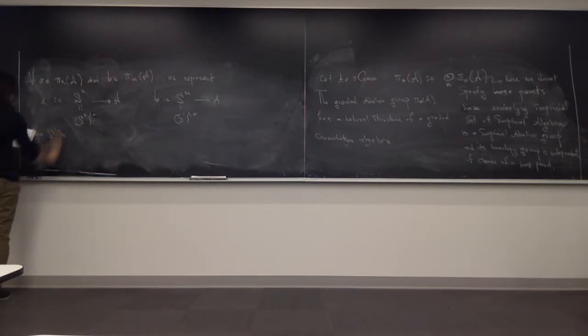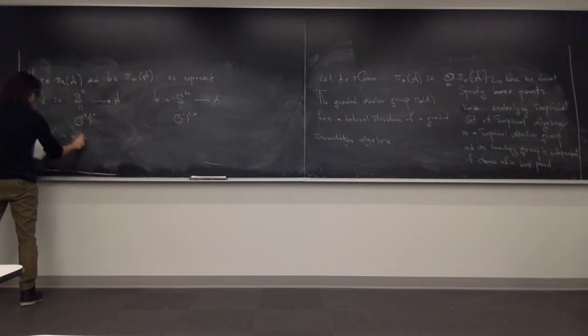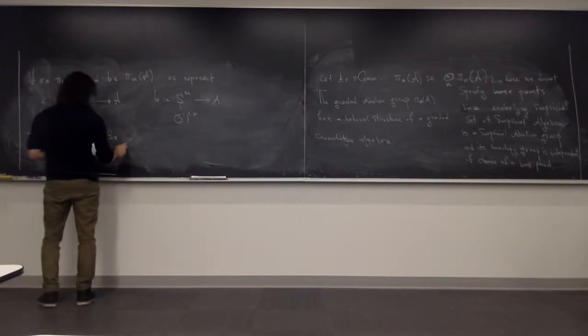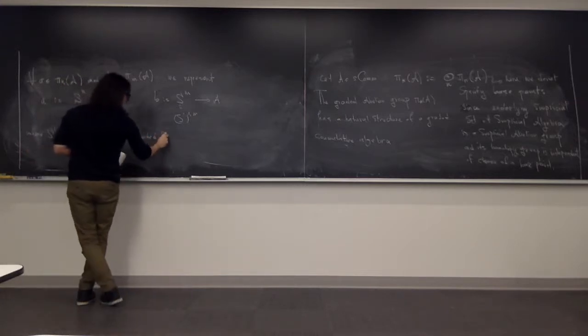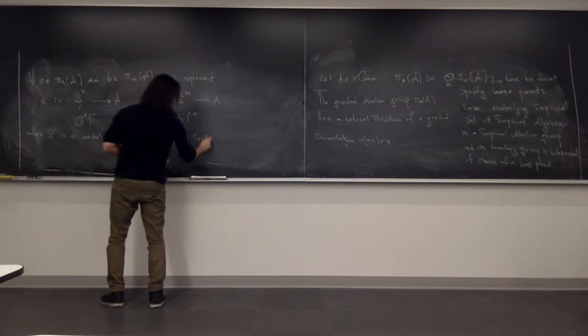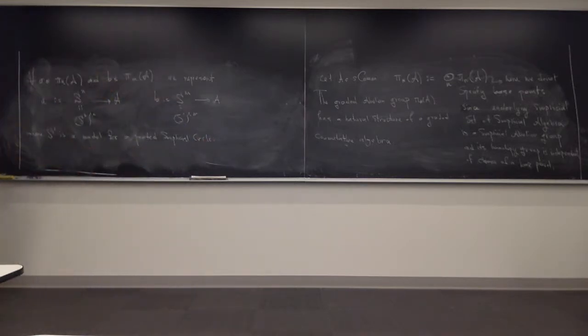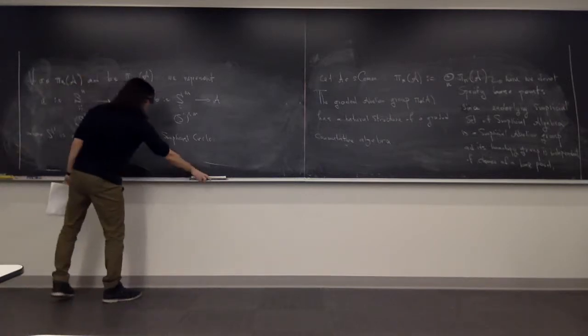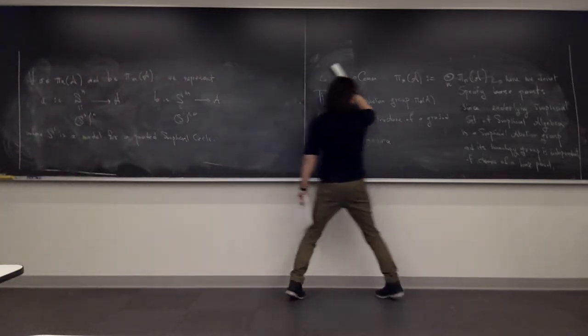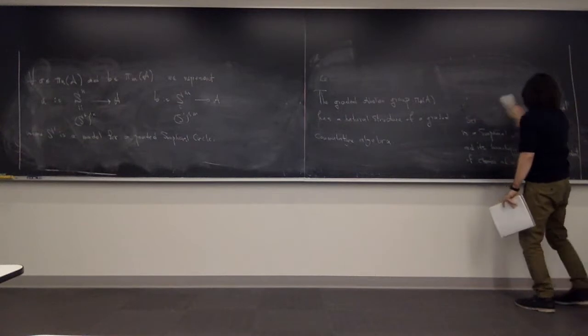where S1 is a simplicial model for a pointed simplicial circle. This is what we have seen in algebraic topology 101. And then we can multiply these elements with each other.